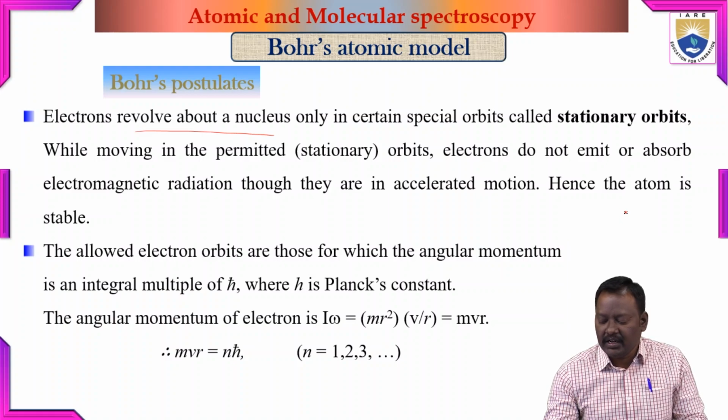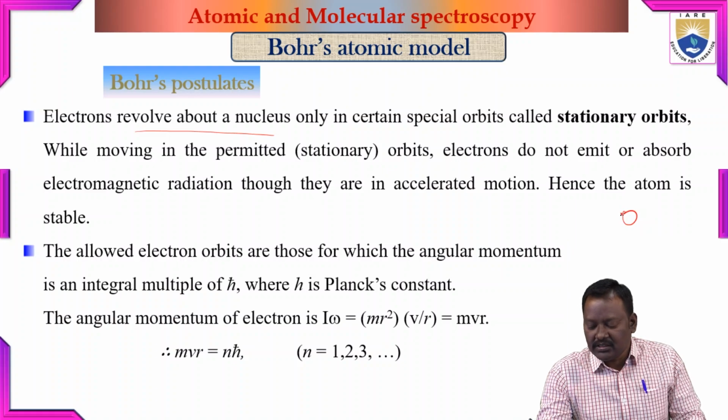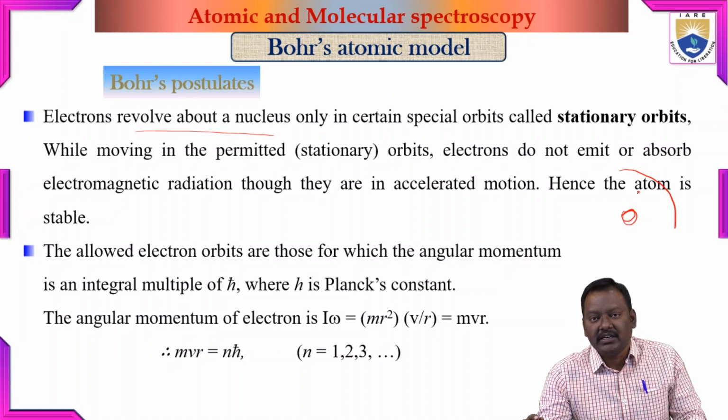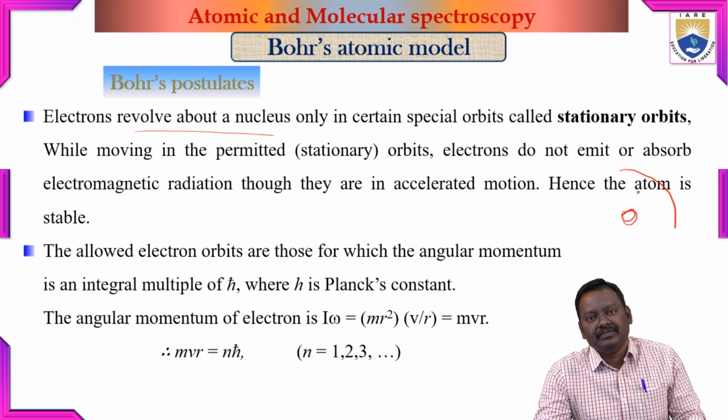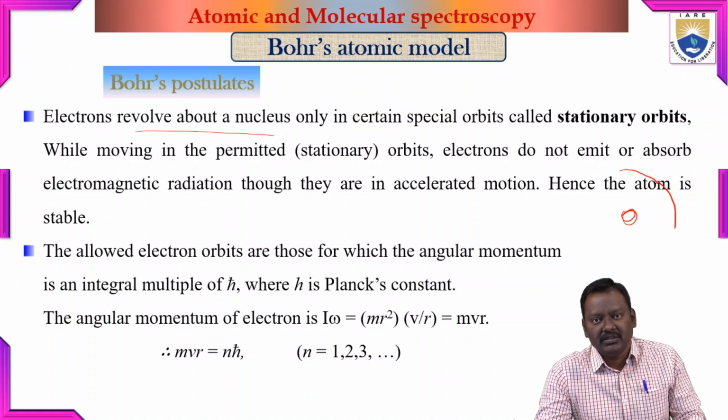If there is a heavy, massive nucleus at the center, with all the positive charge concentrated only at the center, then negatively charged electrons revolve around the nucleus in certain orbits only. Those orbits are called stationary orbits or allowed orbits.